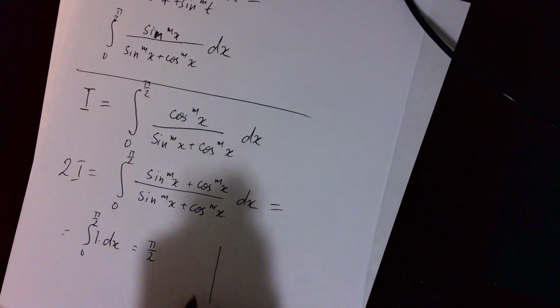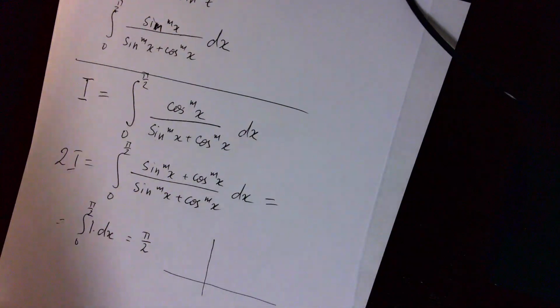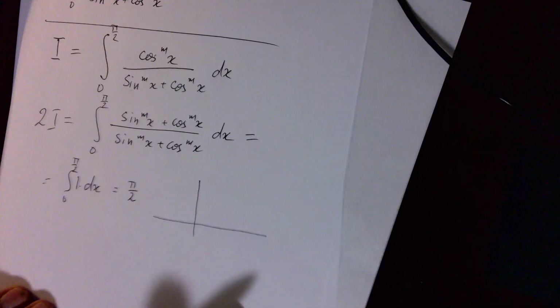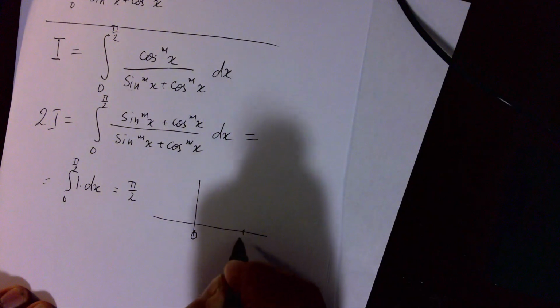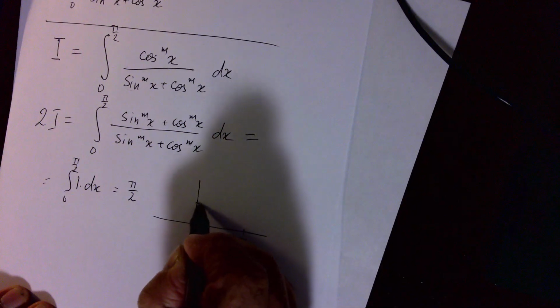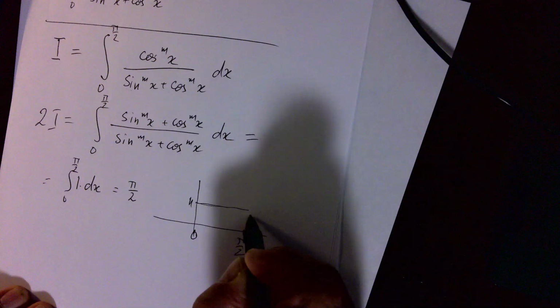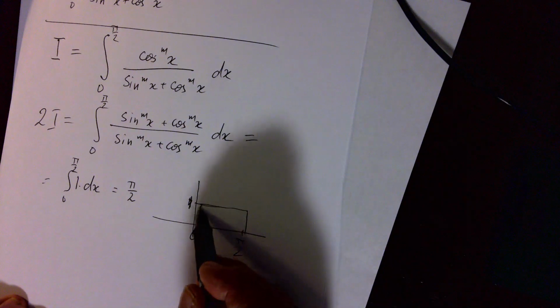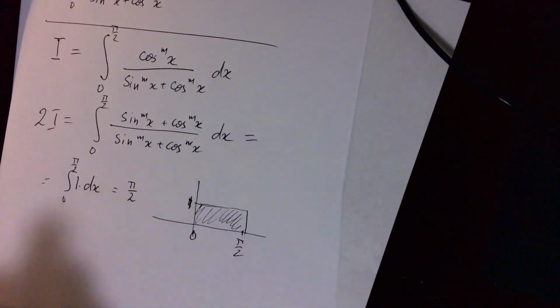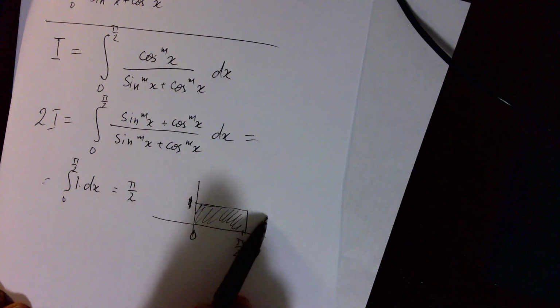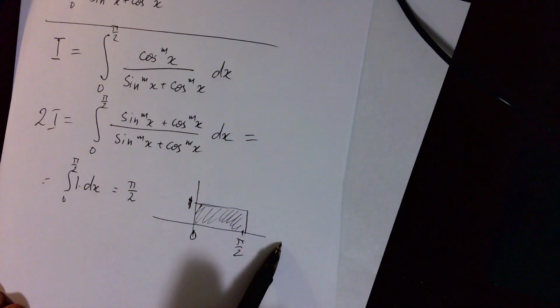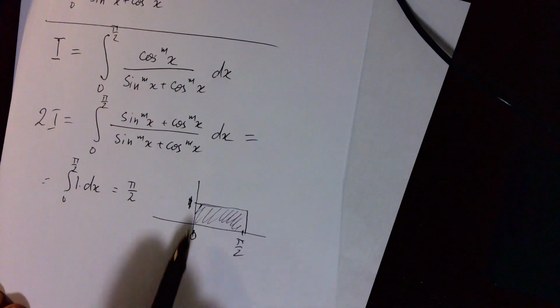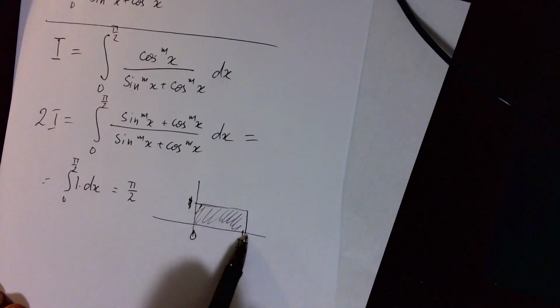apply the geometrical meaning of the integral. From 0 to pi over 2, the function 1, and we know that the value of the integral is the area between the graph of the function y equals 1 and the x-axis, bounded by the limits of integration.